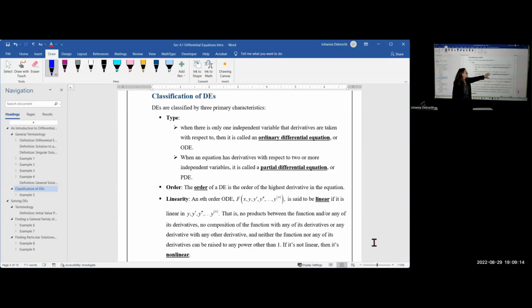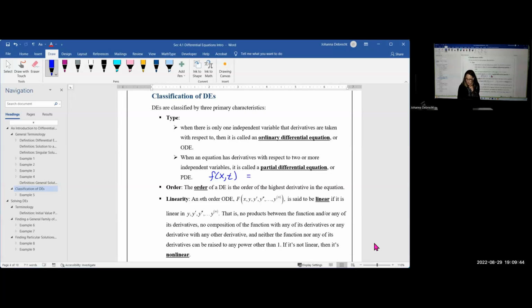However, when an equation has derivatives with respect to 2 or more independent variables, then it's called a partial differential equation. Now, you haven't seen these yet. You won't see many of these until you get into Calculus 3, when you start studying functions of more than one variable. In other words, in order to have something that's a partial differential equation, the function isn't just a function of x, it might also be a function of t.